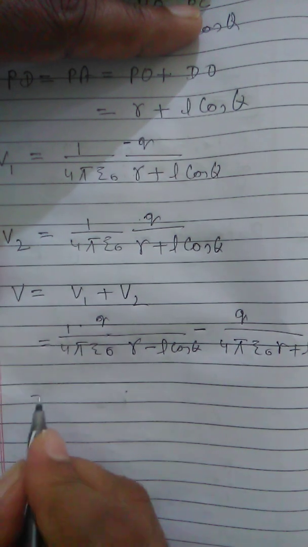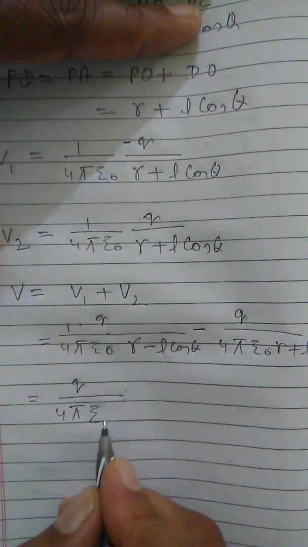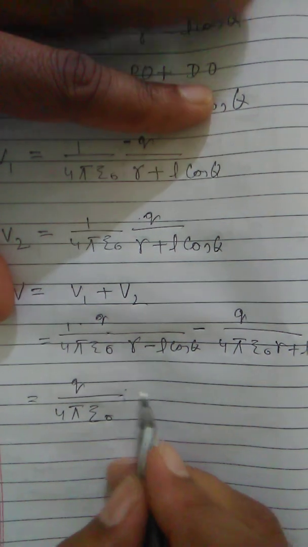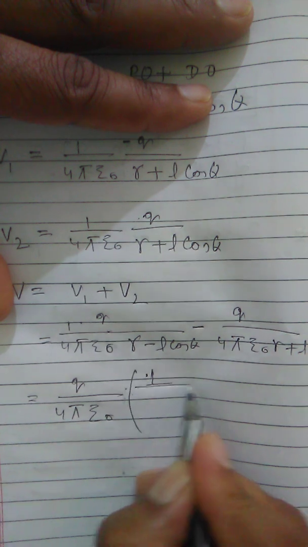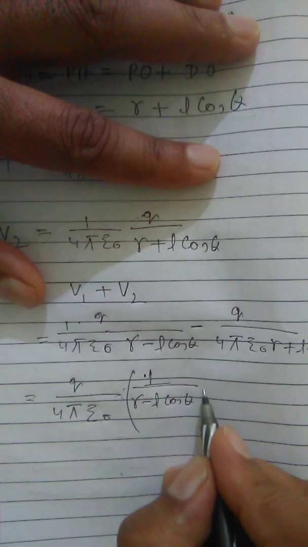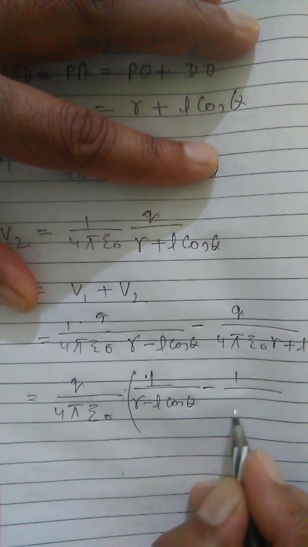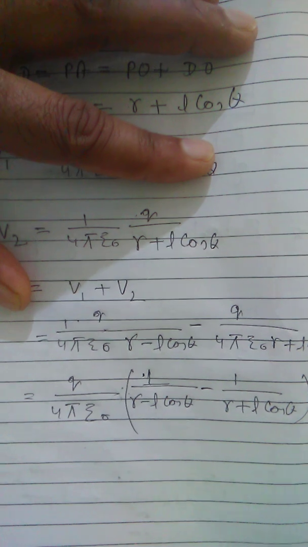So we can take q upon 4 pi epsilon 0 common. We have taken it common, so we are left with 1 upon r minus L cos theta minus 1 upon r plus L cos theta.